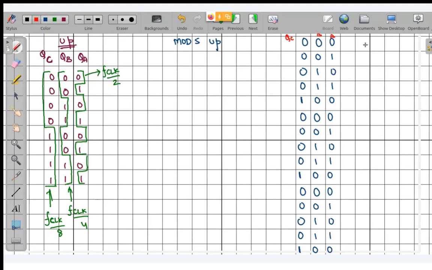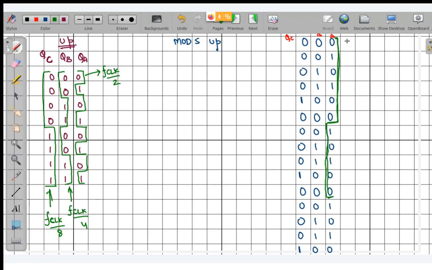What is the repetition? You can see it is not repeating like this, because here we have two zeros. So basically it is repeating from here to here, then once again from here you are getting the repeated state.